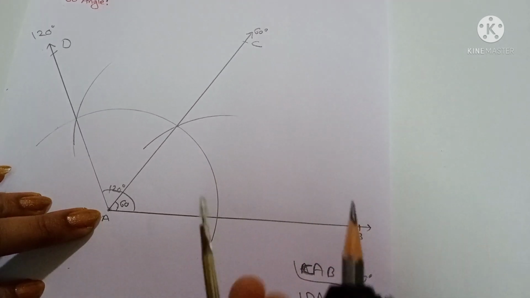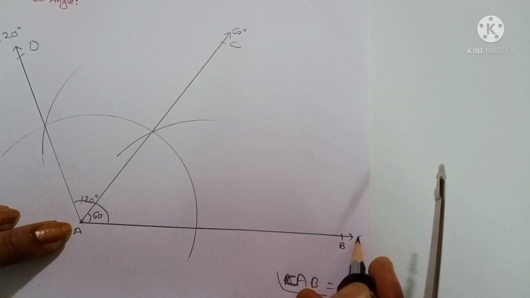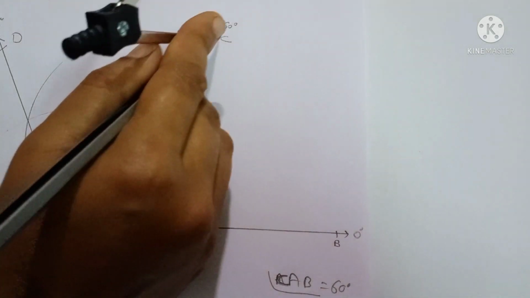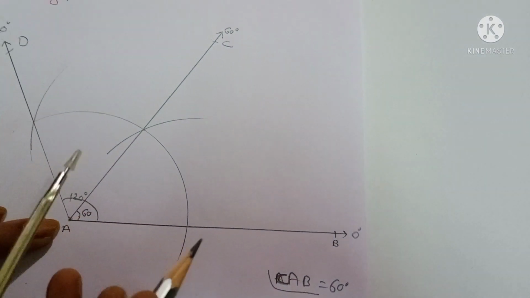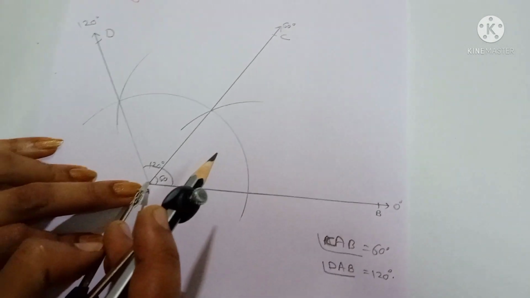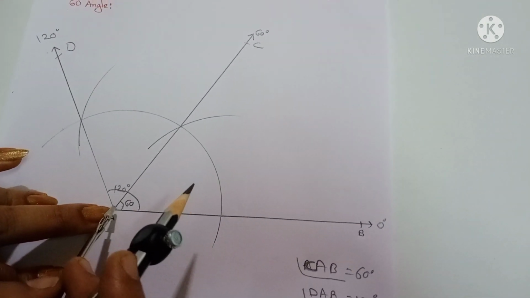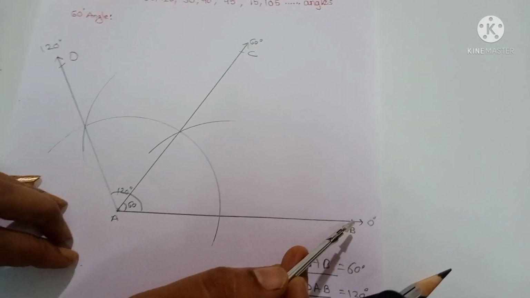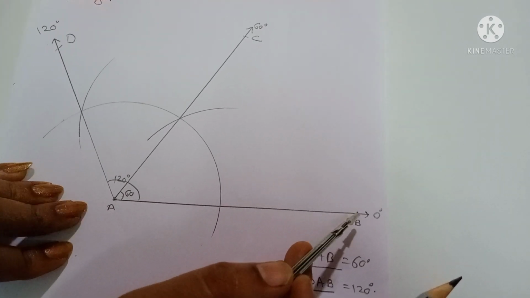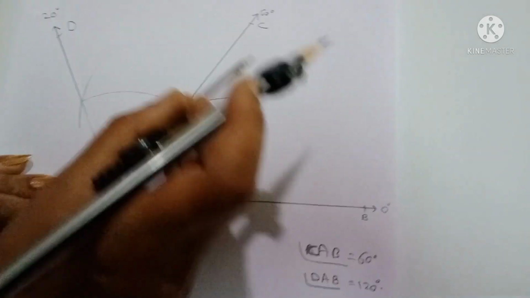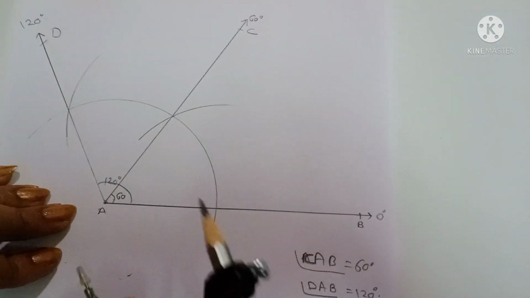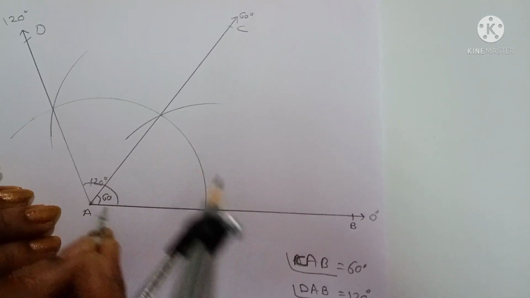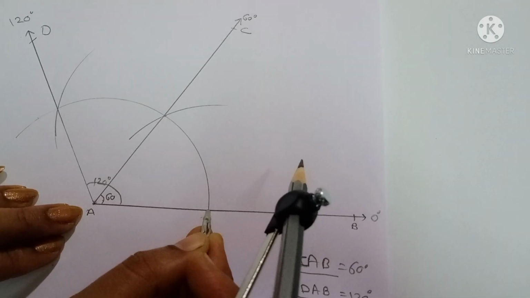This is 0 degrees and this angle is 60 degrees. Here the 30 degree angle, we draw as the angle bisector of 0 degrees and 60 degrees.